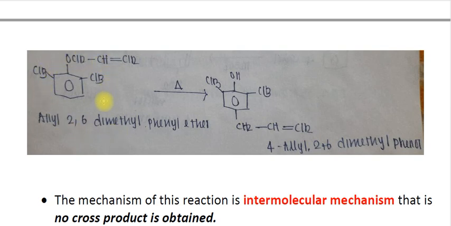Here consider an example where both ortho positions are substituted. This example is allyl 2,6-dimethyl phenyl ether.